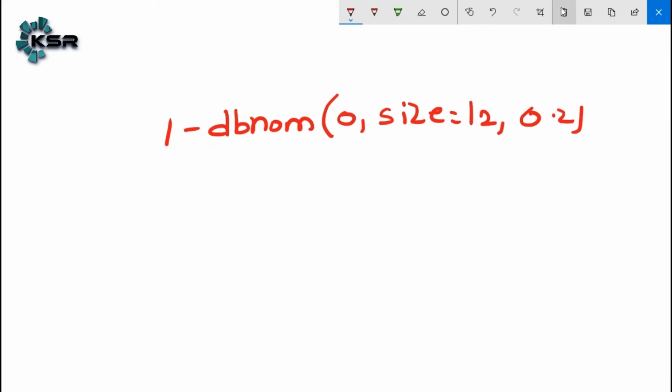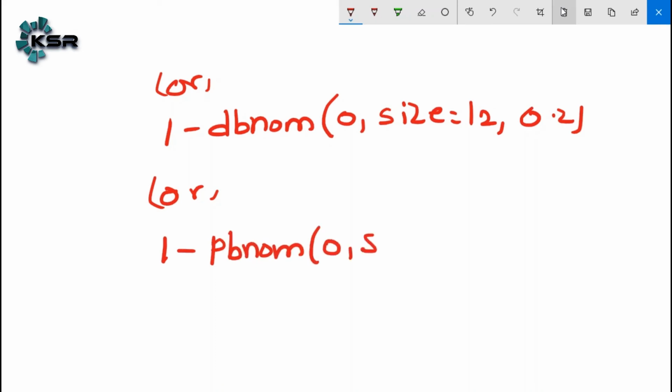Next, the other way to write it: 1 minus pbinom of 0, size equal to 12, 0.2. Since pbinom is cumulative, writing 0 only is enough. These are the ways we can write the answer.